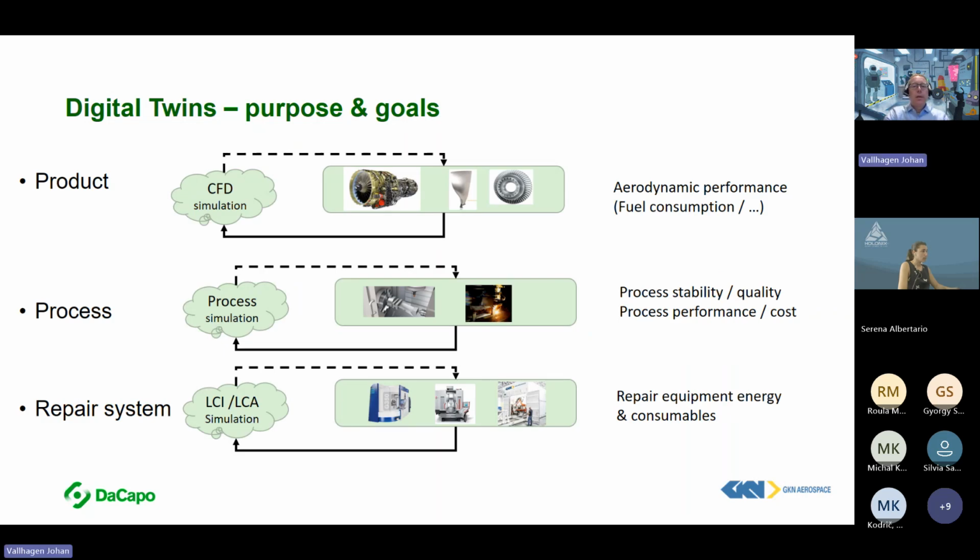I'm showing now more the core business or the core development from the GKN side in this project. There are some additional things I can mention as well in a few moments. But here you see different perspectives on what we do. One is the product.